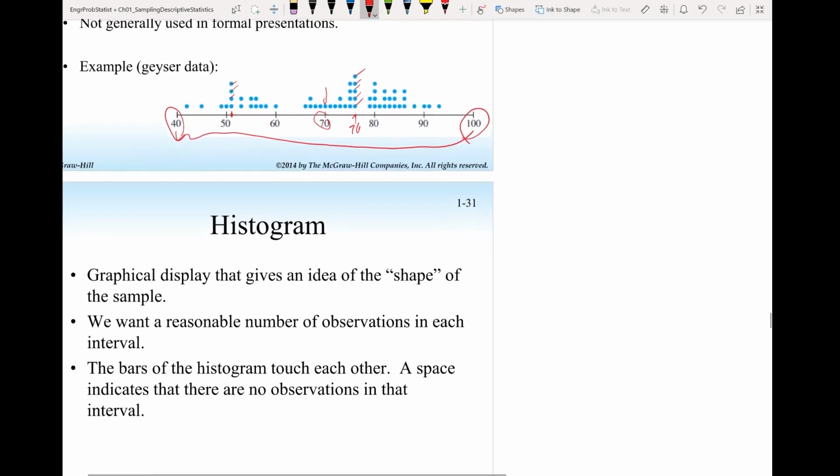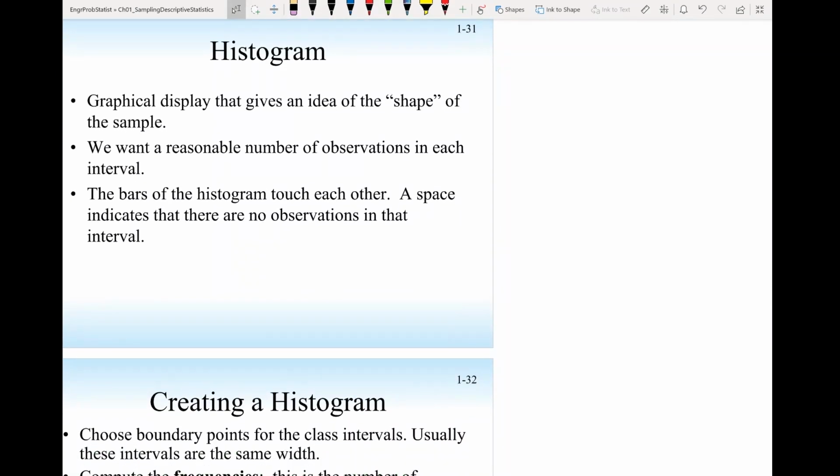Now, histogram is very popular. In a histogram, the first challenge is that the horizontal axis, or the x-axis, will be assigned for possible values of data points in the sample. This will be the minimum data point in the sample, and this will be the maximum data point in the sample.